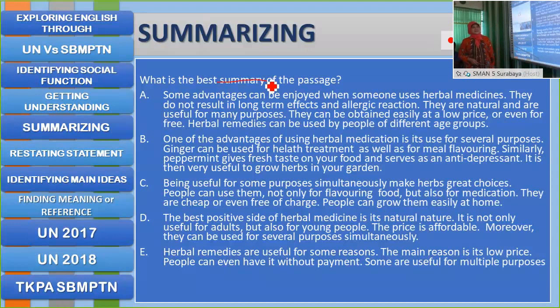Any level of age group. So which one do you think is the best choice of the question? A, right? Yes, because the text contains all of the things and it is summarized in the answers. Okay, next.